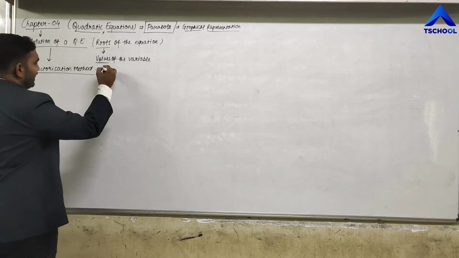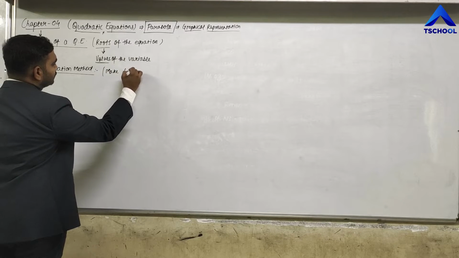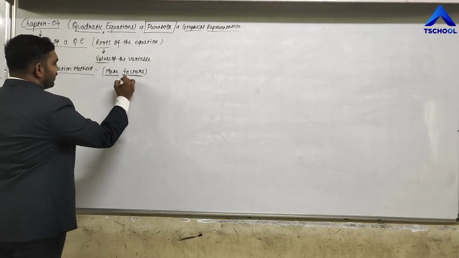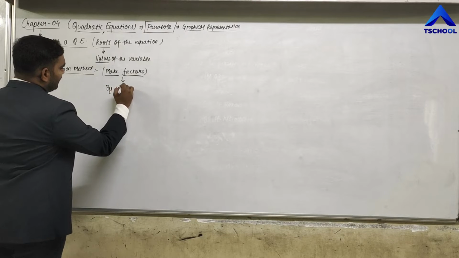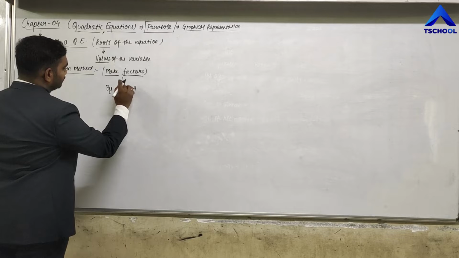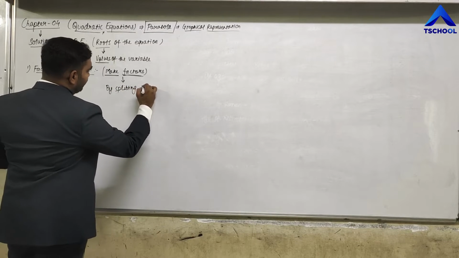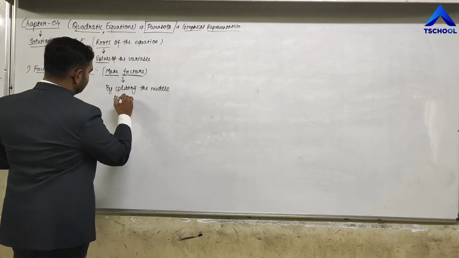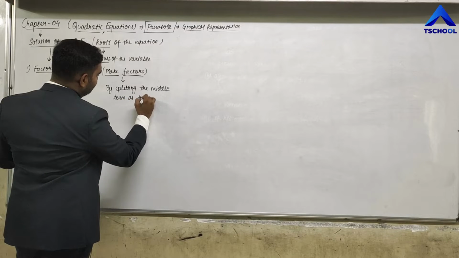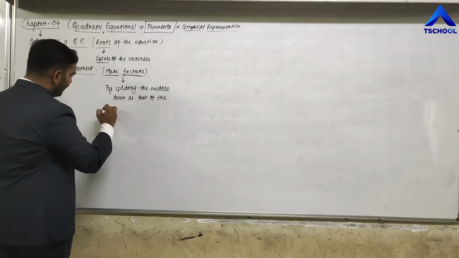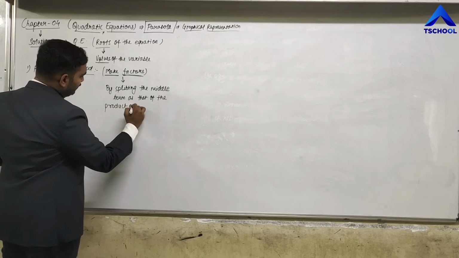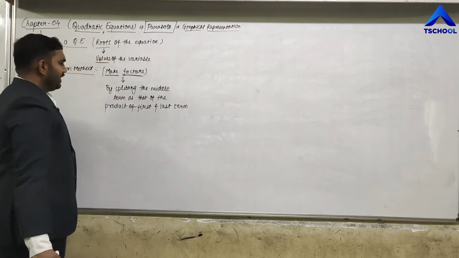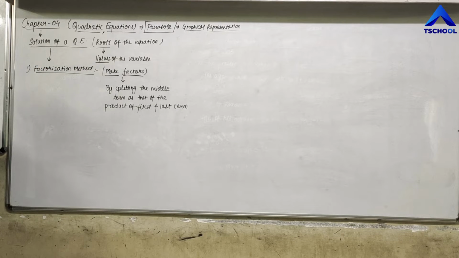Factorization method means to make factors such that by splitting the middle term as that of the product of the first and last term. Right? By splitting the middle term as that of the product of the first and the last term.